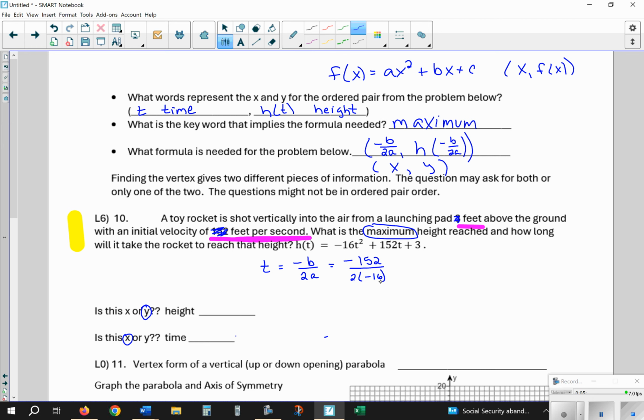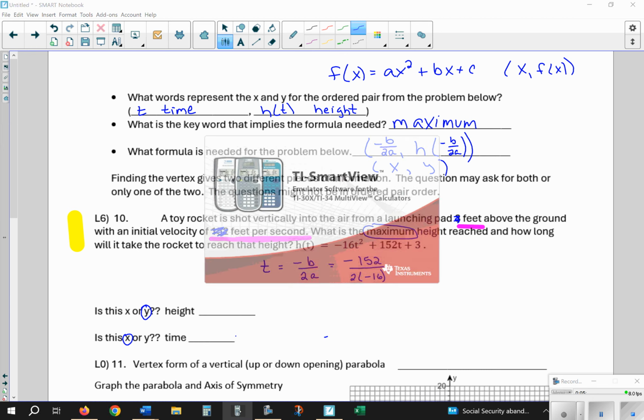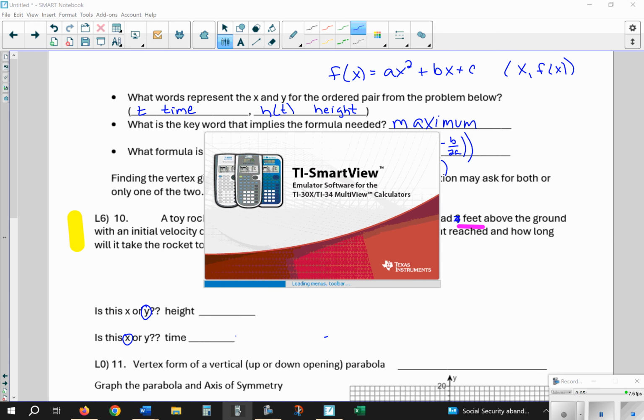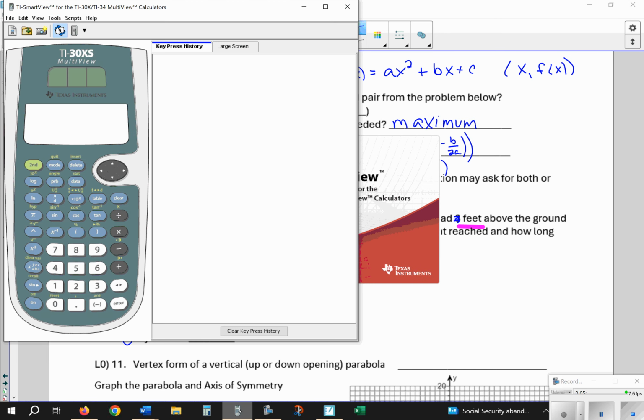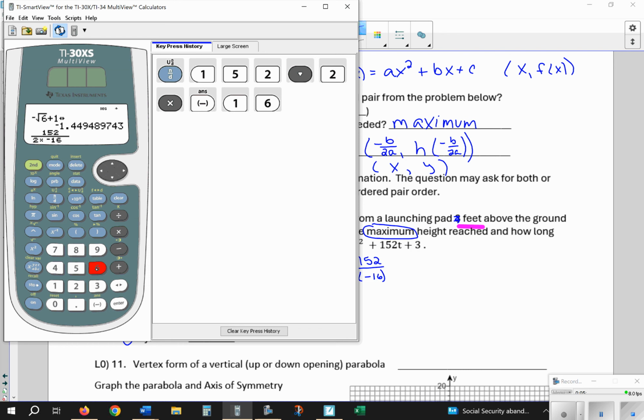And we're going to plug that into our handy dandy calculator. Because we're talking about time, we do want to convert that. I believe we get a fraction here. We want to make sure we convert it into a decimal for our next step. So fraction key, 152 over 2 times negative 16.